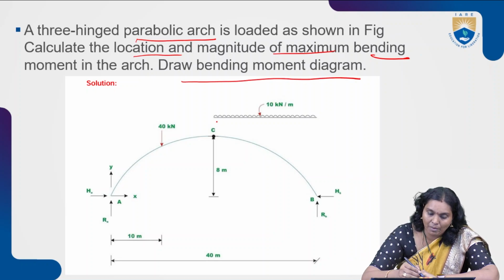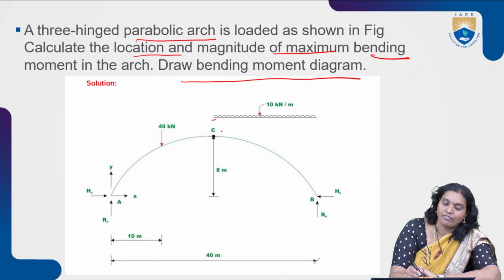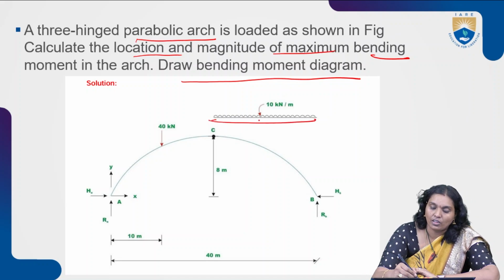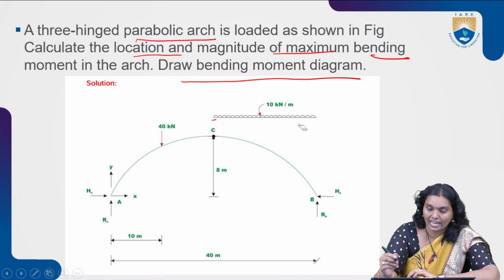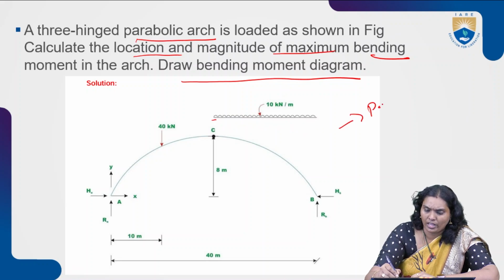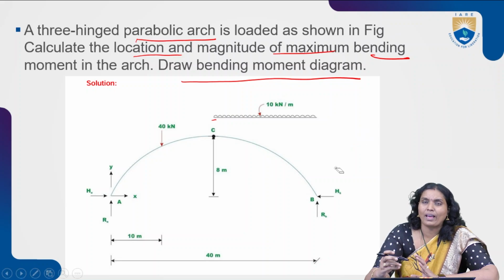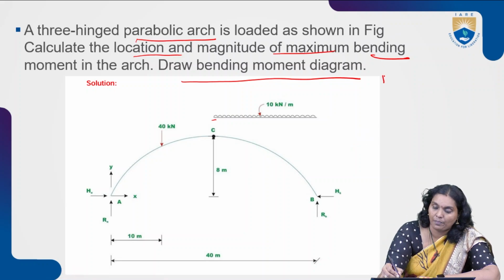Here also it is the same, but additionally from C to B the uniformly distributed load is acting, and it is a parabolic arch. What are the known parameters from these? The length of this span is given.